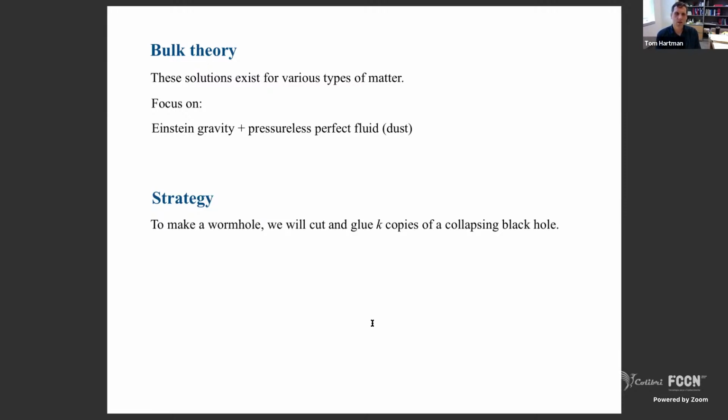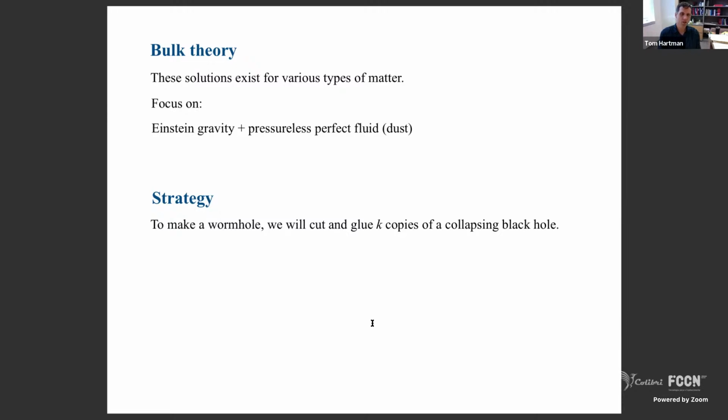It's actually pretty straightforward. The bulk theory can be just about anything. These solutions exist generically for various types of matter. But to be concrete, I'll focus on Einstein gravity plus a pressureless perfect fluid. So that is Einstein gravity plus dust.